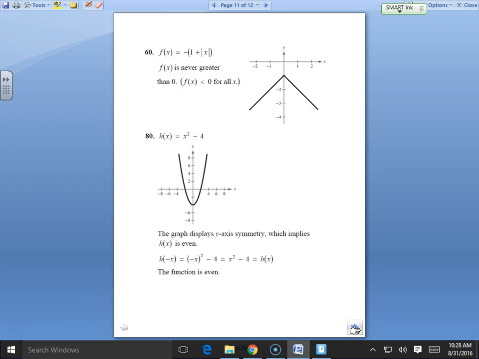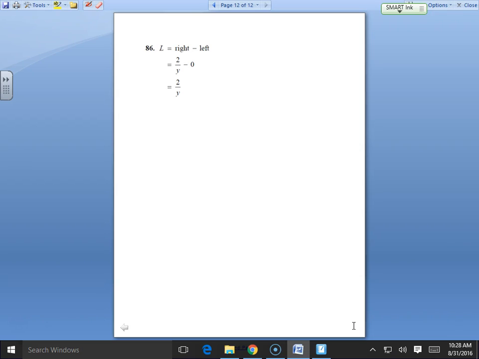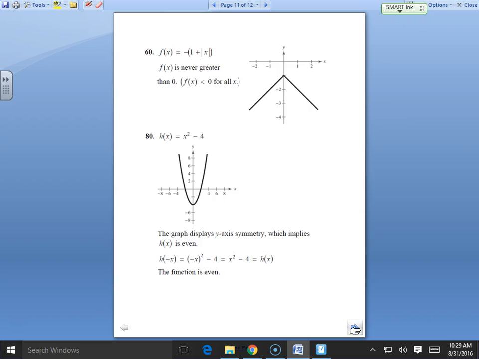If you think always positive times a negative, always wah, wah, wah. Y-axis symmetry, which means even. Are we good? 60 is never, 80 is even. 60 is never, or none. 80 is even. This one, go ahead and write it down, but remember, not for tomorrow. We'll deal with another day. If you guys want to write 2 over y is the answer for 86. Very good.